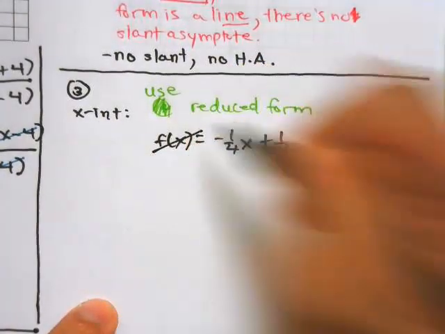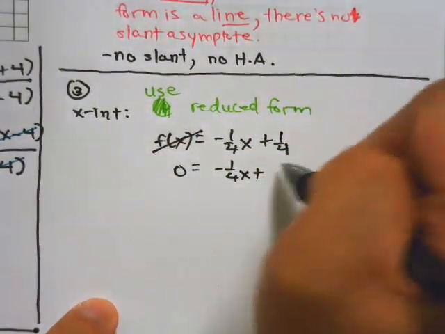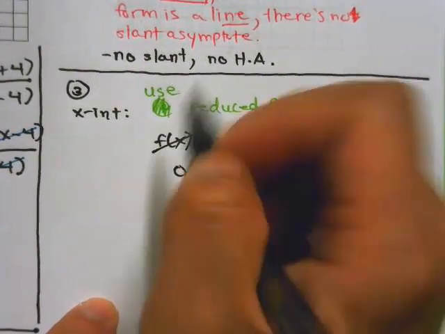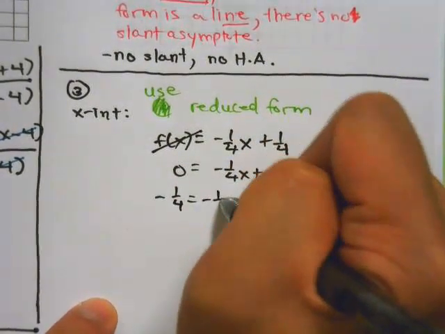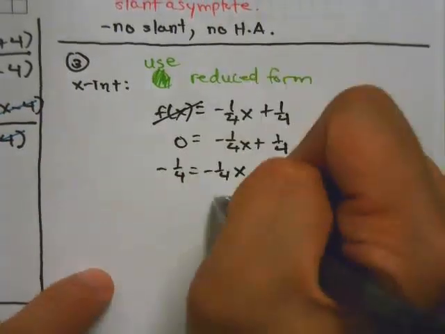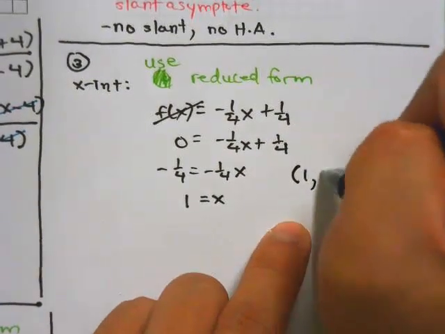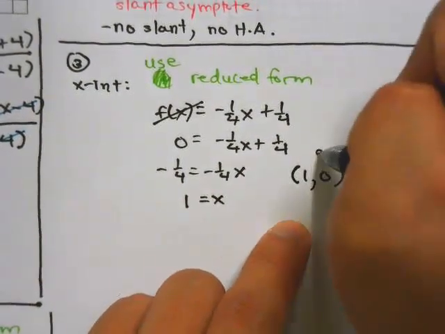We're going to set f of x equal to 0. We're going to minus 1/4 on both sides, and then divide both sides by negative 1/4. So x should equal 1. Okay, so your x-intercept is going to be at (1, 0).